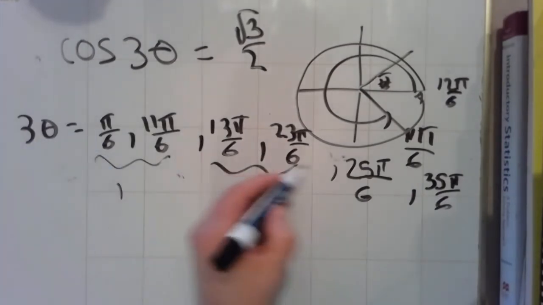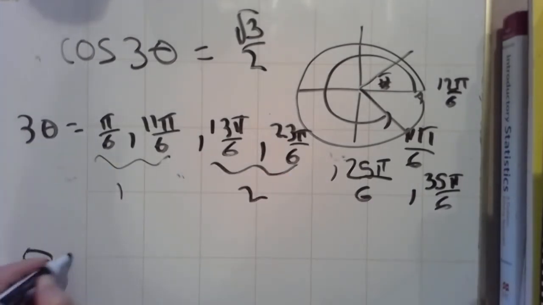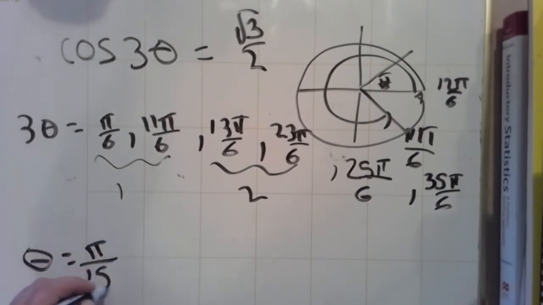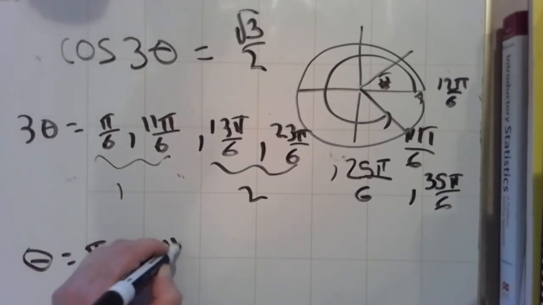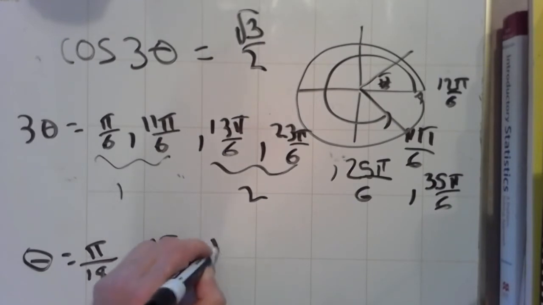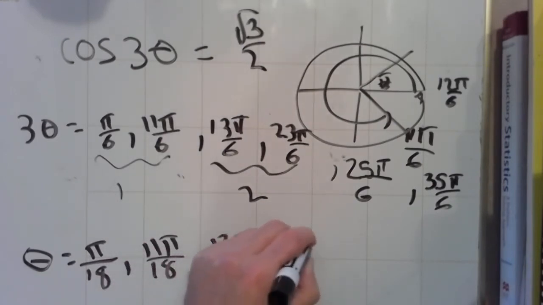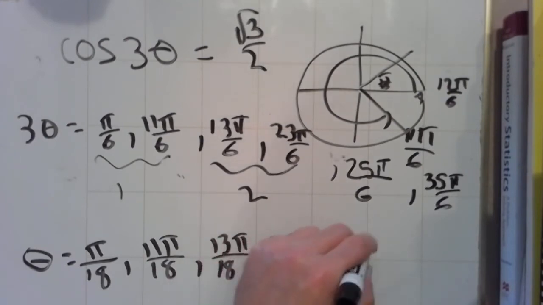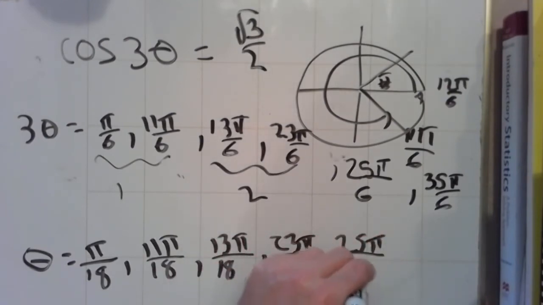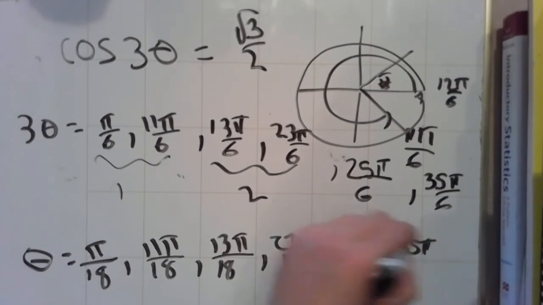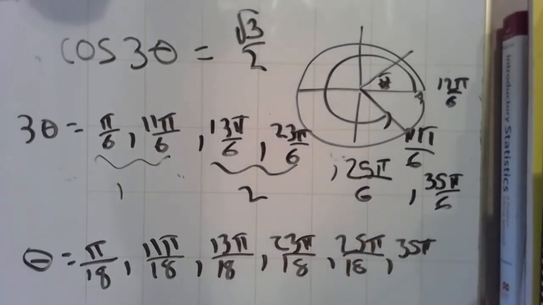So just multiply all the denominators by 3. Theta will be pi over 18, 11 pi over 18, 13 pi over 18, 23 pi over 18, 25 over 18, and 35 over 18.